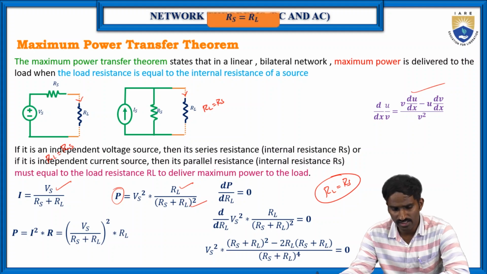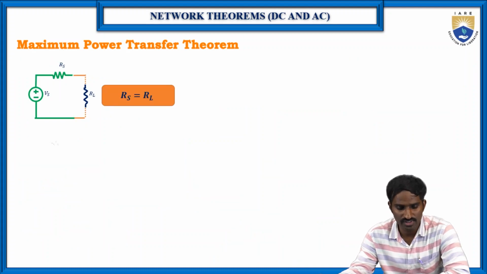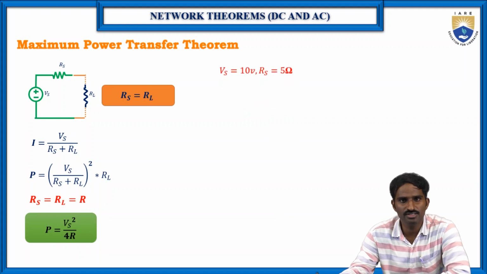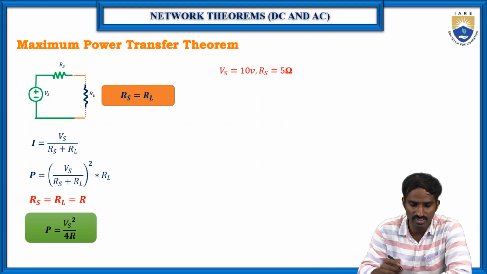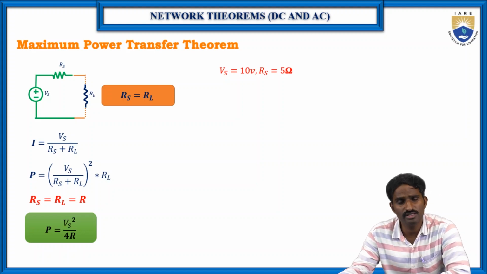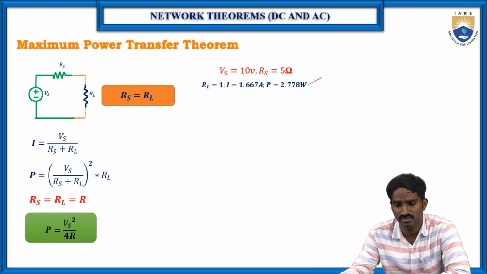Let us take an example to check whether the maximum power flows when RL is equal to Rs. Let us consider a simple circuit with given values for Vs and Rs, and consider different values for RL. When RL is equal to 1 ohm, the power is 2.778 watts.